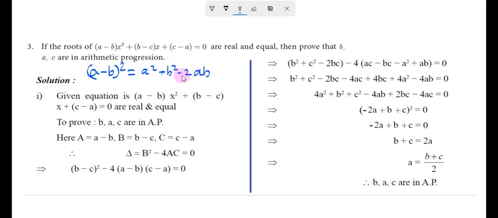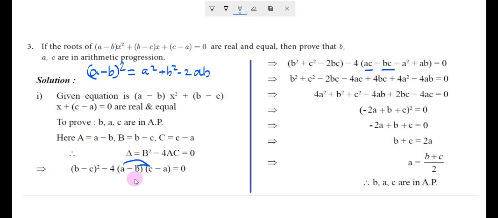So (b minus c) the whole square is b square plus c square minus 2bc, minus 4 into, just multiply (a minus b) and (c minus a): ac, and b into c, minus bc.